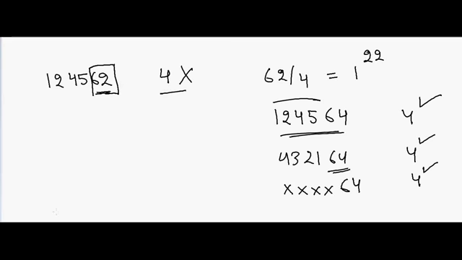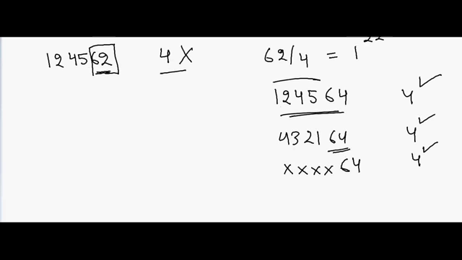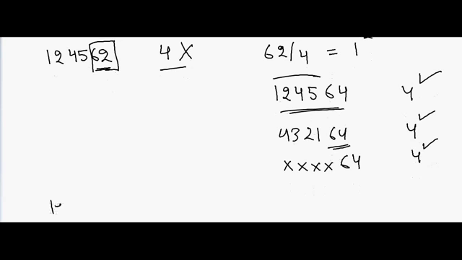Now let's write the number again. 1 2 4 5 6 2. Is this number divisible by 5? No, because for it to be divisible by 5, the last digit should be either 5 or 0.